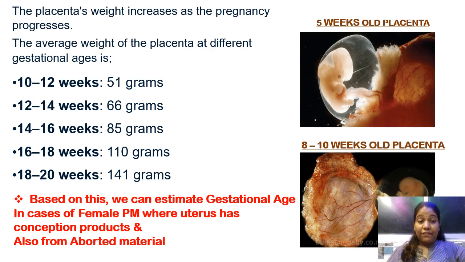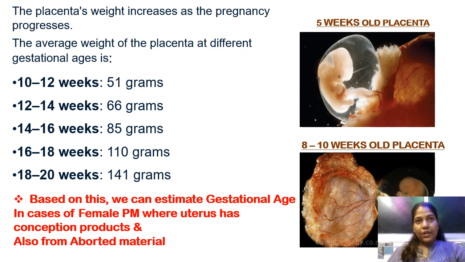So coming to the placental weight: around 10 to 12 gestational weeks, the placenta will weigh around 51 grams. Around 14 weeks, around 3 months, it is 66 grams. Around the 16th week, it is around 85 grams. Around the 18th week, it is 110 grams. And around the 5th month, that is 20 weeks, it is 141 grams.